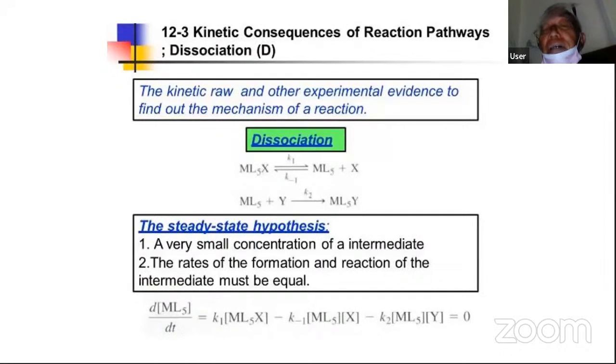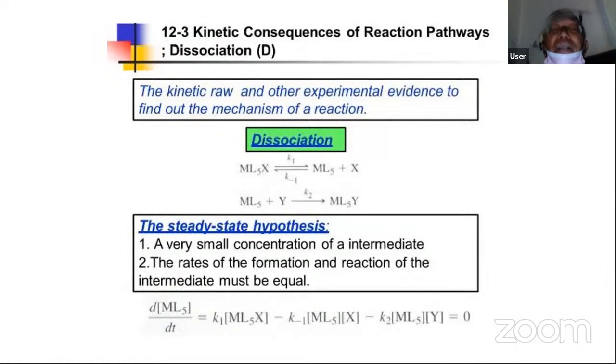What it means is the rate change is almost zero, meaning the rate of your entire reaction is the same, no change, approximately close to zero. So this is what you call applying a steady state approximation or steady state hypothesis. From here, you can calculate the concentration of your intermediate.